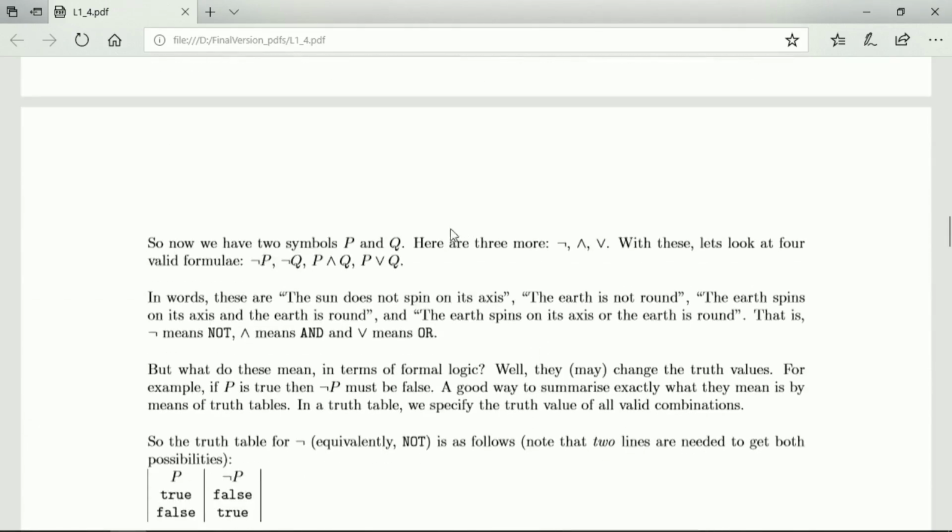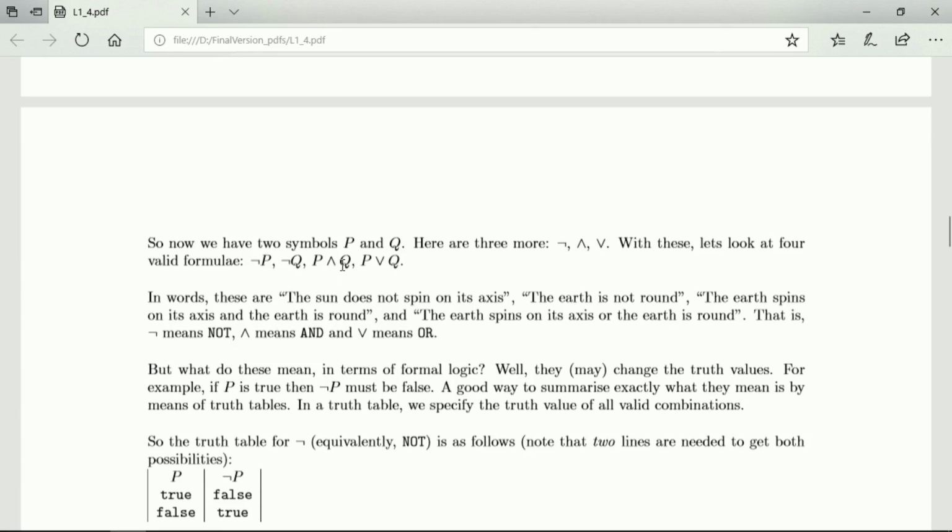Okay, so now we have those two symbols, and we want three more, which will be the hook, the wedge up, and the wedge down. And we'll have hook P, hook Q, P wedge up Q, P wedge down Q. Those are just formal expressions. What they mean, we have to start working out.